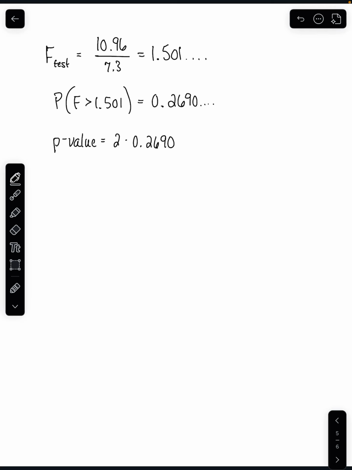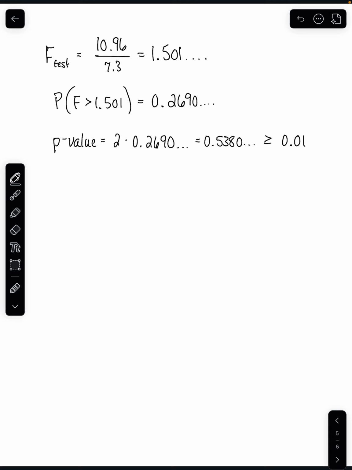And even without the multiplication by 2, this is quite clearly much, much larger than our alpha value of 0.01. As we saw with the difference between two variances, an F statistic that is close to 1 will have us failing to reject the null hypothesis.